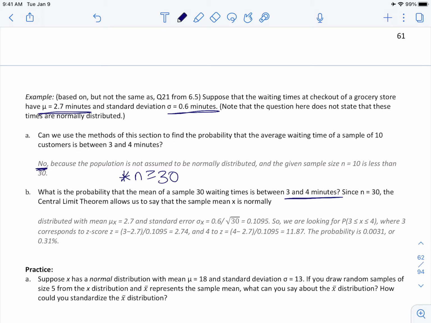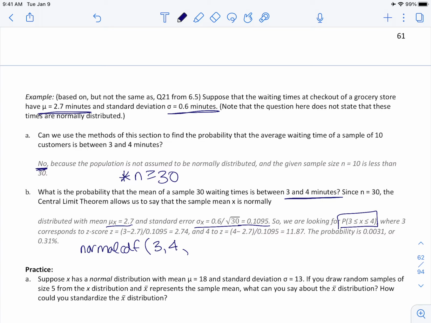So if we do this, we're looking for our probability that our x bar is between 3 and 4. We have our mean. Here's our standard deviation, right? We calculated our new one. So this is what it looks like using our z-score in the chart. You can also do normal CDF of 3 lower bound, 4 upper bound.